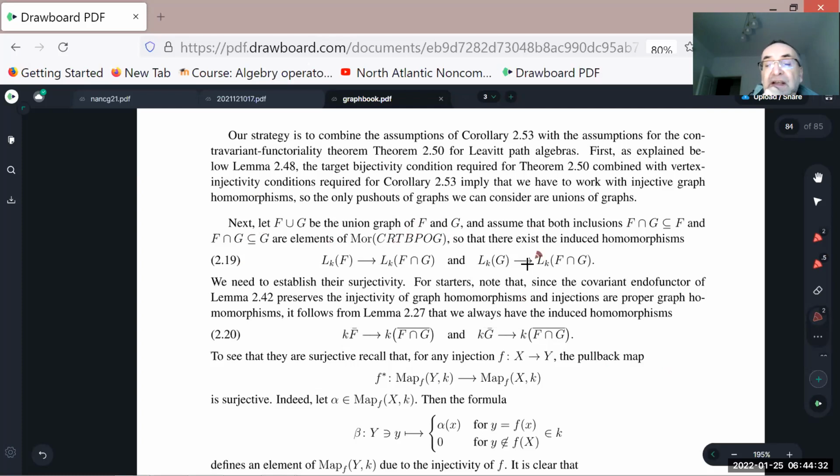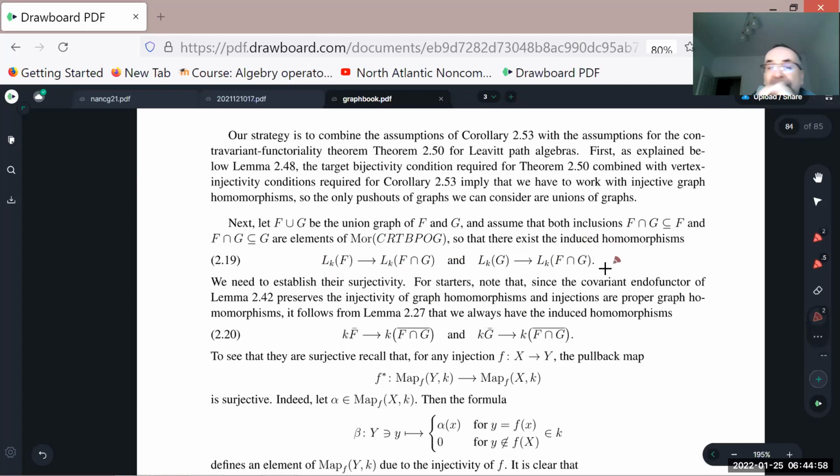Now we assume that both these inclusions, which we think of as injective maps, are morphisms in our specifically designed category, CRTB-POG. So we are guaranteed that there exist the induced homomorphisms from L_K(F) to L_K(F intersect G), and from L_K(G) to L_K(F intersect G).